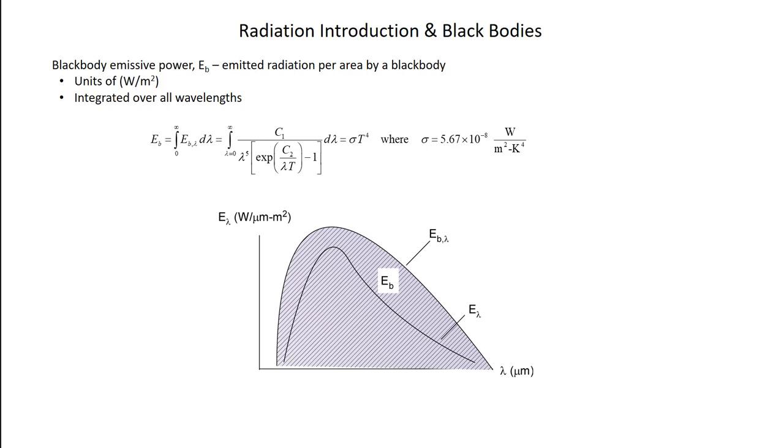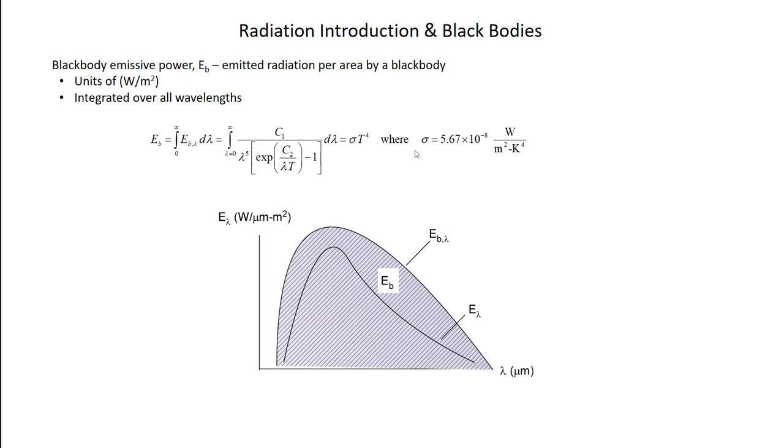So the way to do that integral is you take Planck's law. So E_B,lambda is given by Planck's law, and you plug it into this integral, and you're integrating from 0 to infinity of this complicated equation with respect to lambda. And it turns out, highly not obviously, I guess, this integral ends up being sigma T to the fourth, right?